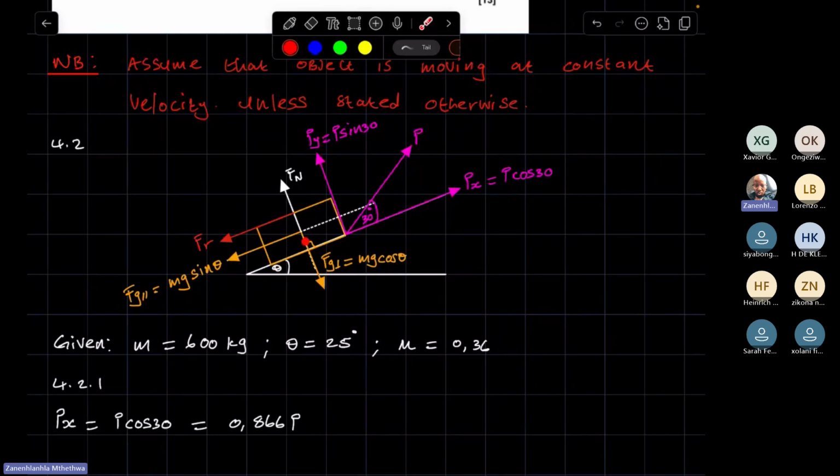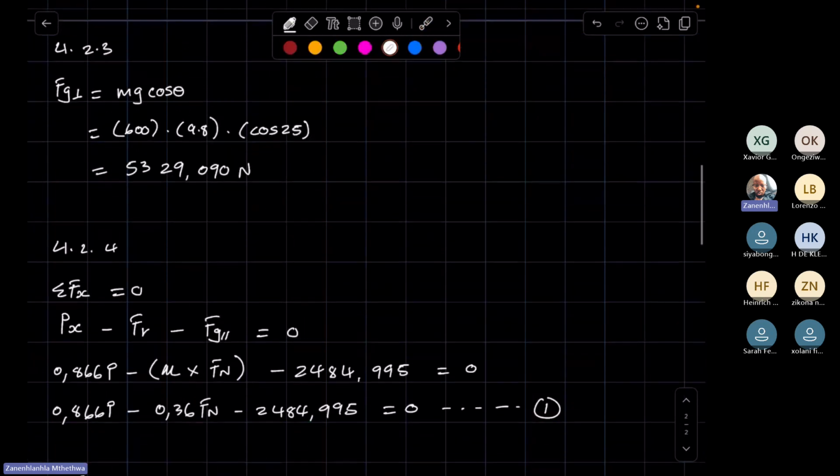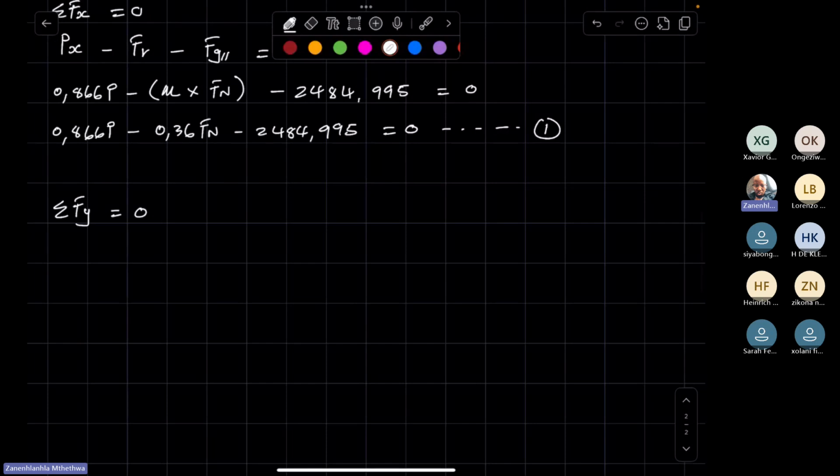The first two are headed in the positive direction, so we take them as positive. The last one is headed in the negative direction, so we take it as negative. So you have the normal force plus Py, then minus Fg perpendicular, all of this equal to 0.